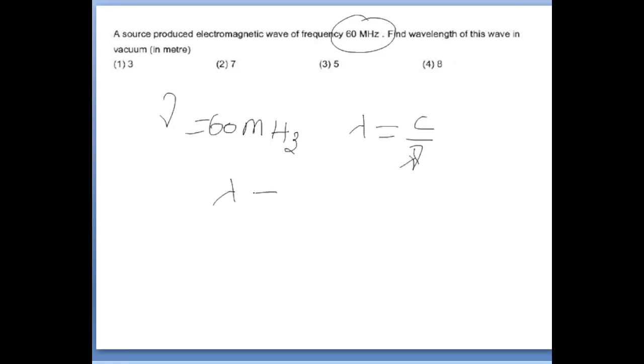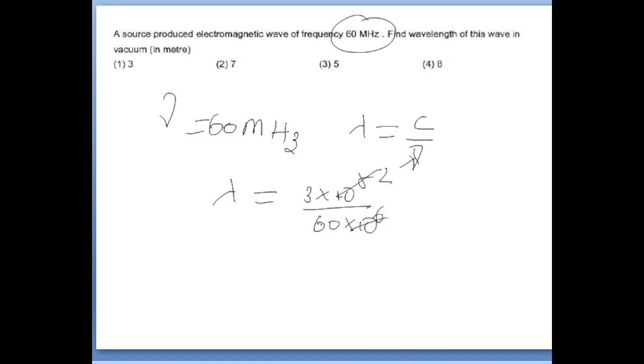Coming to the next question. The source produces an electromagnetic wave of frequency 60 megahertz. Find the wavelength of this wave in a vacuum in meters. Very simple question. Frequency is given as 60 megahertz and he is asking for wavelength: c equals frequency times lambda, so lambda is c by nu. That is 3 into 10 power 8 by 60 into 10 power 6.